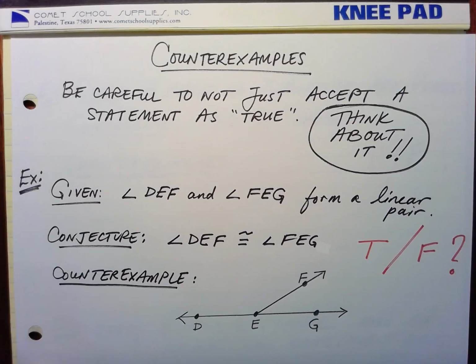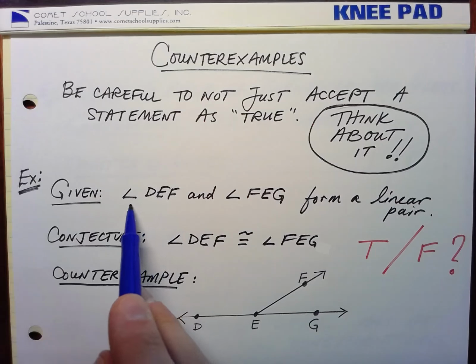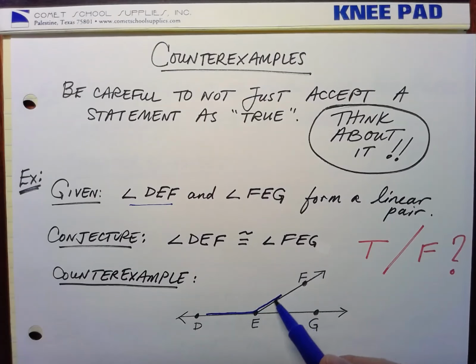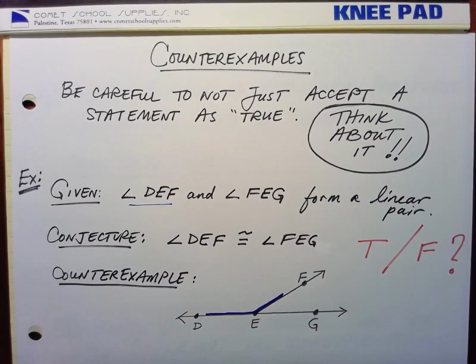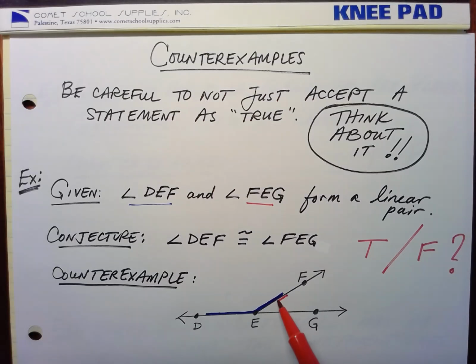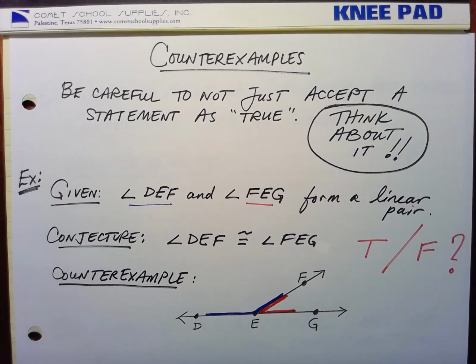Just in case you're not seeing that, here is angle DEF, and it is this angle right here. Everybody see that? And angle FEG, I'll do that in red, is this angle right here. So angle FEG and angle DEF form a linear pair.